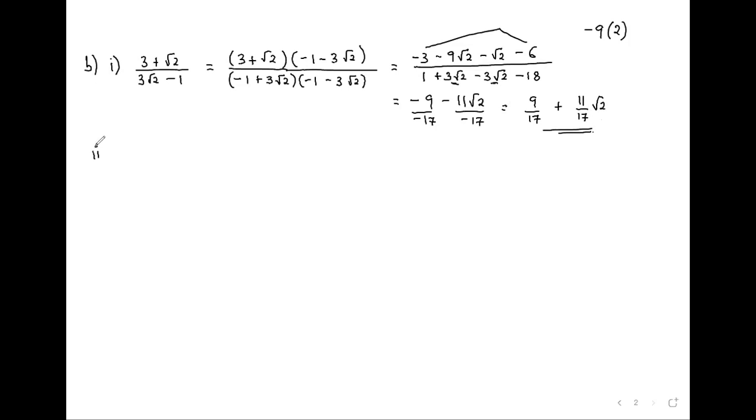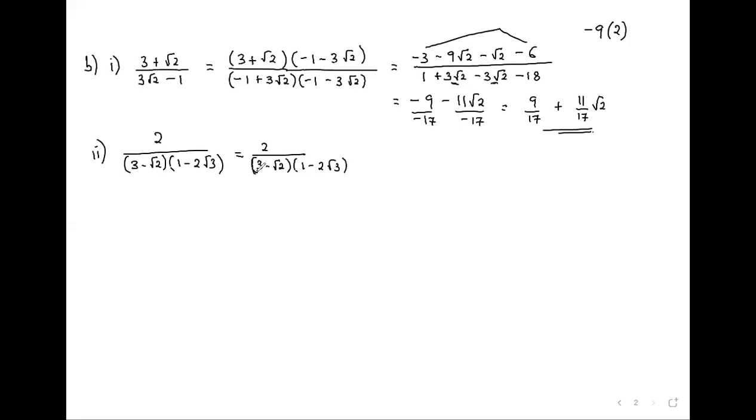What about this denominator here? For 2 over 3 minus root 2, 1 minus 2 root 3. How do you rationalize this? So you say, okay, this is 2 over 3 minus root 2, 1 minus 2 root 3.